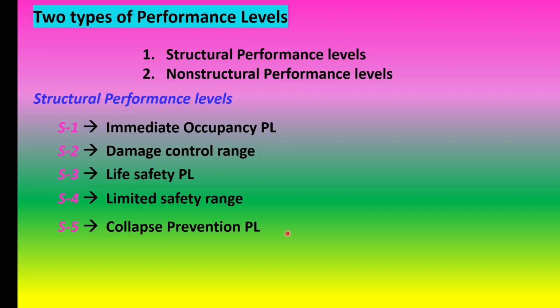Say in a non-engineered building, there is no question of particular safety to the structure. So, that has also to be given a nomenclature, and that is given as S6, not considered. That is, structural performance level is not considered in the design. It is given a place because some buildings can be such that the structural safety was not considered.